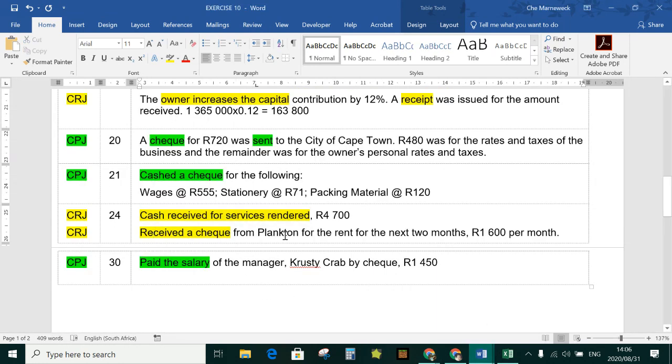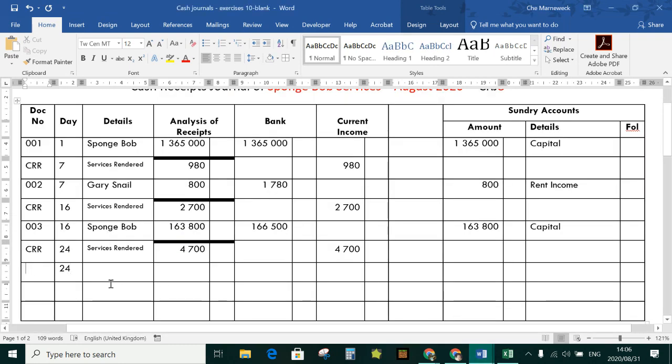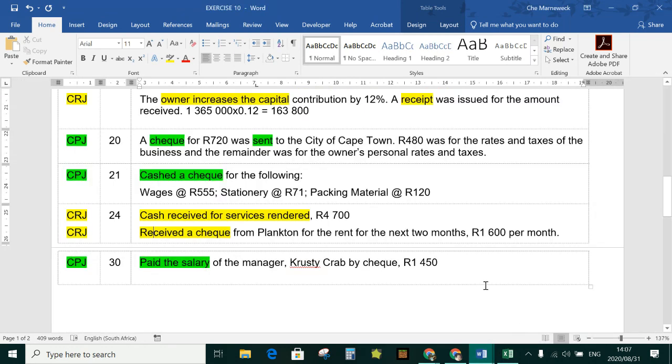Received a check from Plankton for the rent for the next 2 months, 1,600 per month. So we fill in next receipt 004, Plankton, that is who's giving us the money. How much money are we receiving? Well, the question says we're getting money for the next 2 months. 1 month is 1,600.